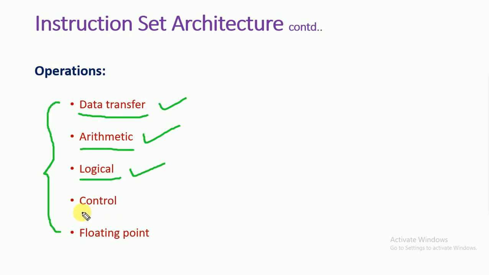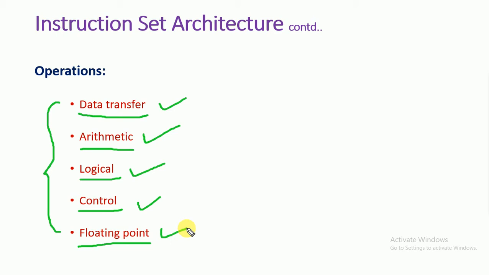Then we have another set of operations called control flow instructions, which are used with jump and similar operations for branching and other purposes. And finally we have operations which can be used exclusively with floating point values. So these are the major operations used with instruction set architecture.